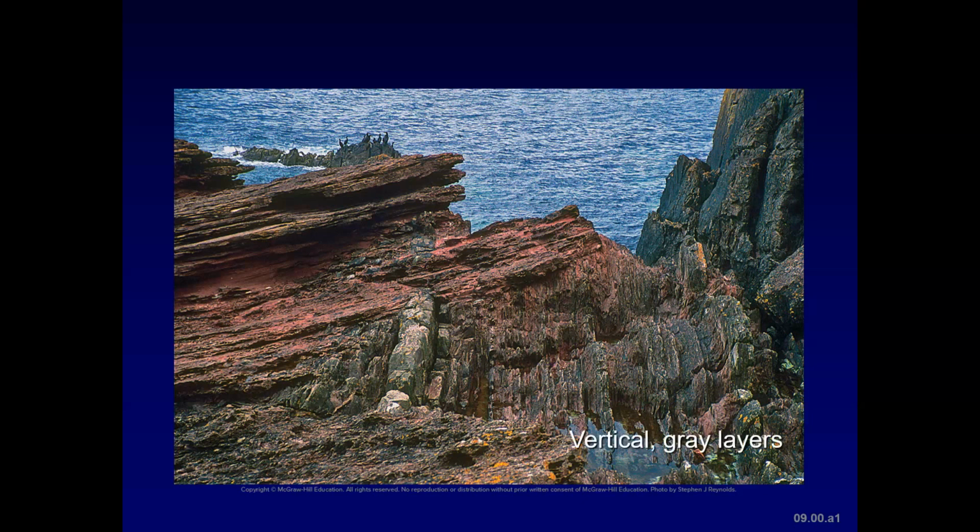We have these vertical gray layers of sandstone and shale. They're dipping this way. Over top are these reddish layers in this direction. And the contact between these layers is an unconformity.